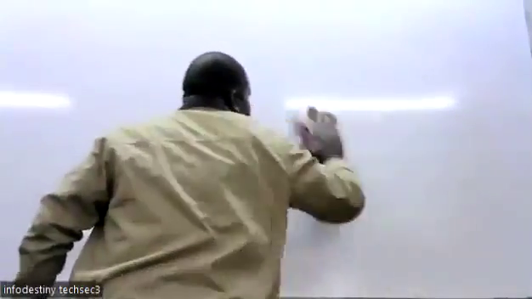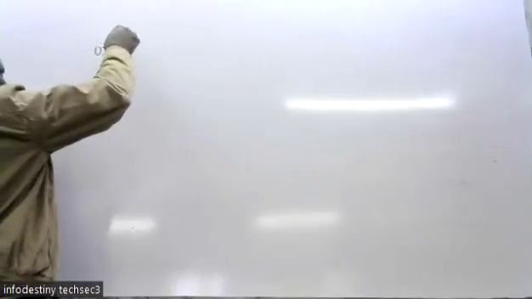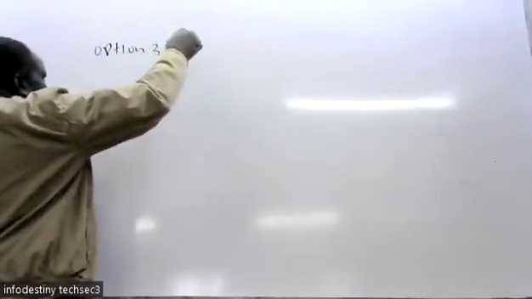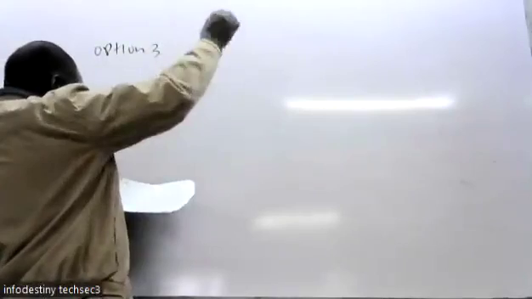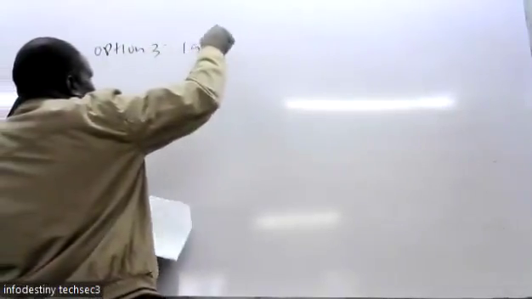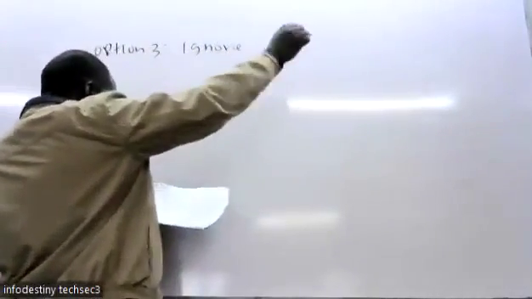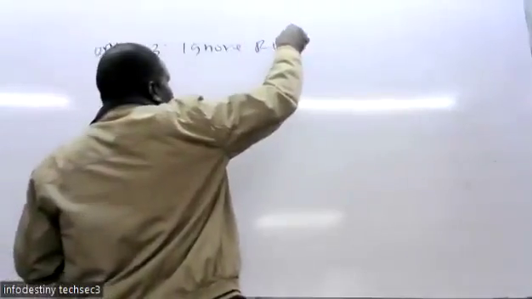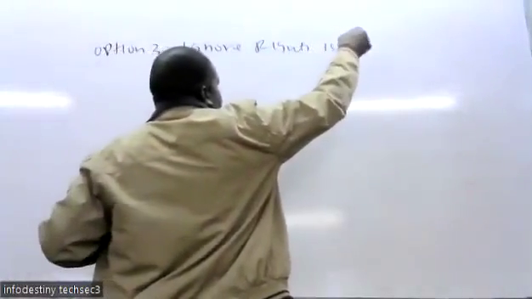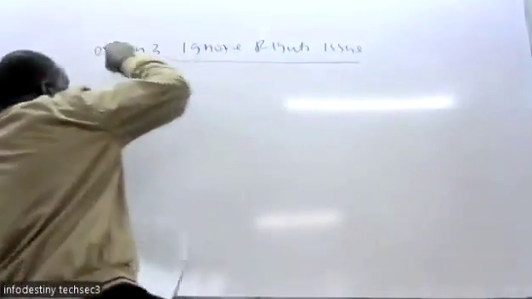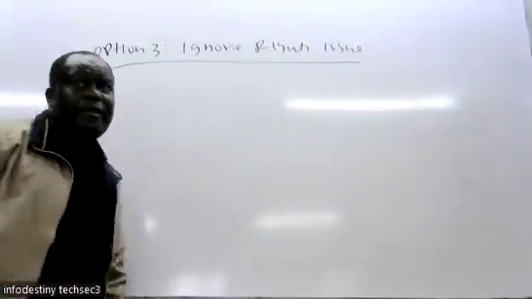So when you ignore the rights issue, option 3, it means you have not participated in the rights issue.